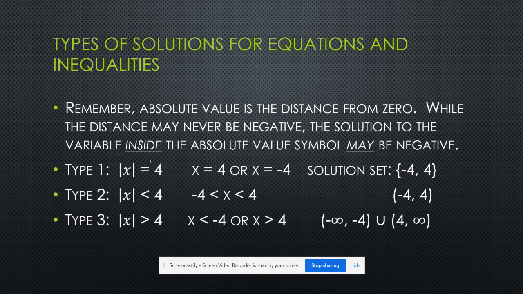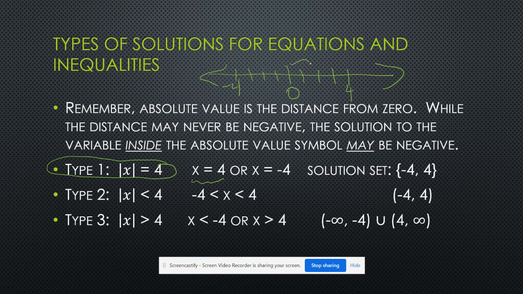We have the absolute value of x is equal to 4. That means that the distance from 0 is 4 on a number line. So if I have 0, remember we can go to the right 4 or we can go to the left 4.